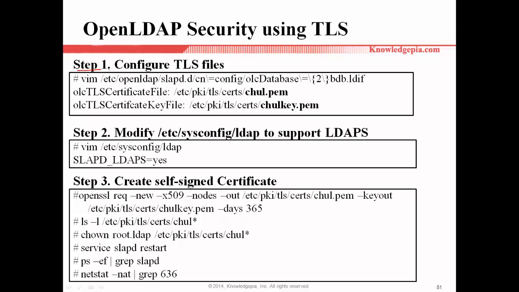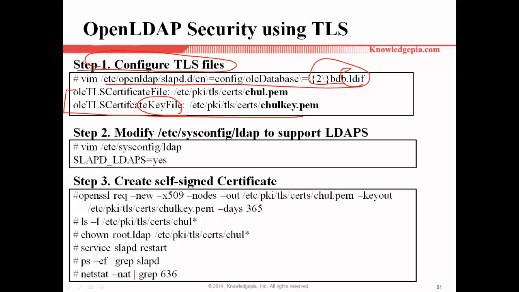So step 1, configure the TLS file. In the second video, I already configured this file in /etc/openldap/slapd.d, the BDB LDAP file. Here we have to add two lines: the TLS certificate file and the TLS certificate key file.